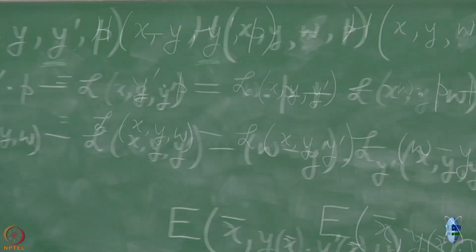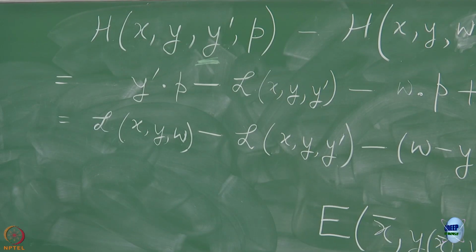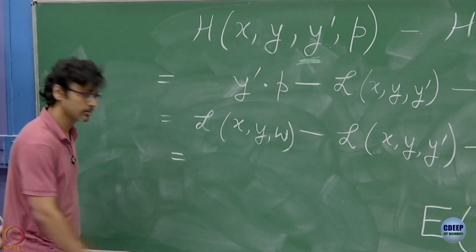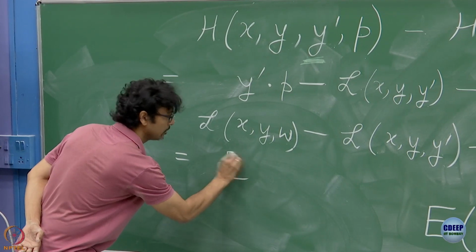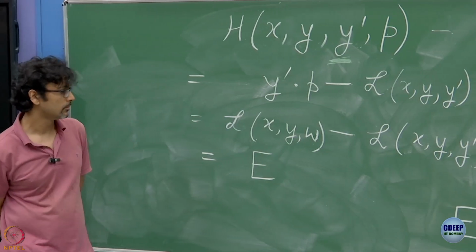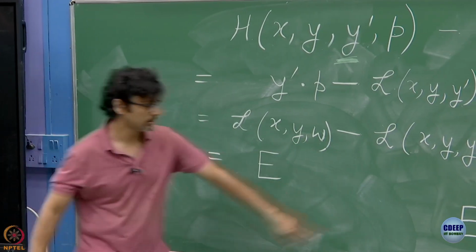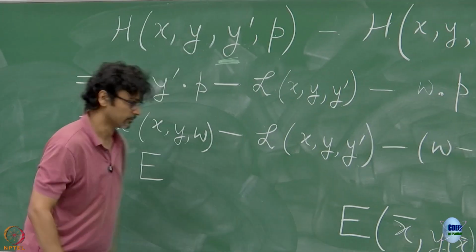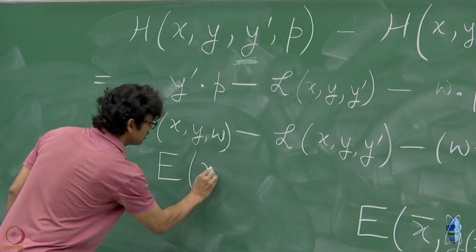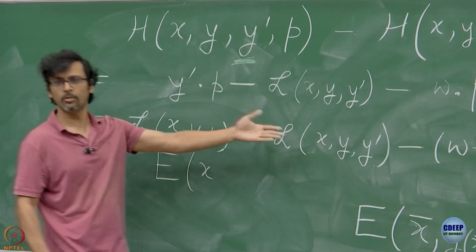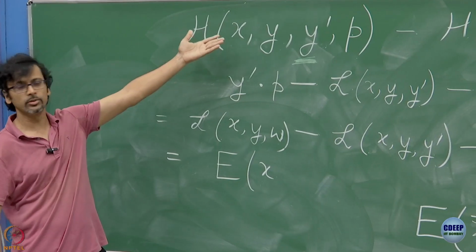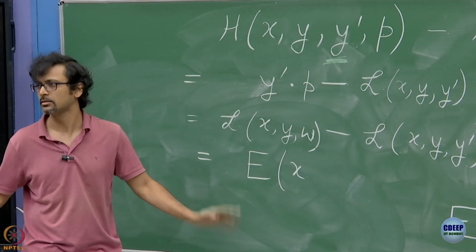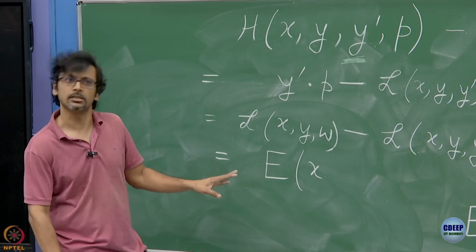What is this? Seems familiar? What is this? Exactly this object, right? Of course, we don't need the bar anymore, we're just talking about a fixed x. You could substitute the x bar and so on. It's just one way of saying it's a fixed x.